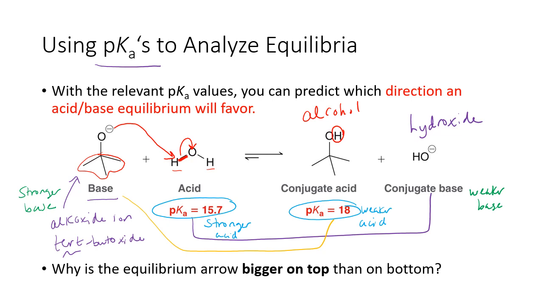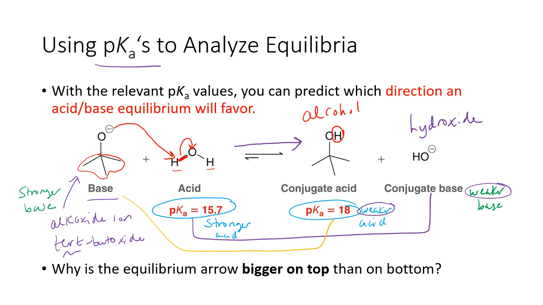So what will happen is the reaction will favor the weaker acid-base side. So what we learned is that we drew the arrow longer in the direction of the weaker pairs, because the stronger ones are stronger, which makes them more apt to react with one another.